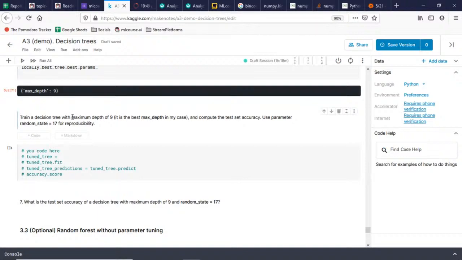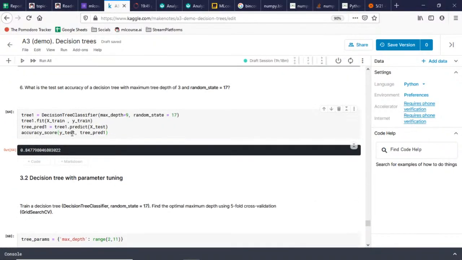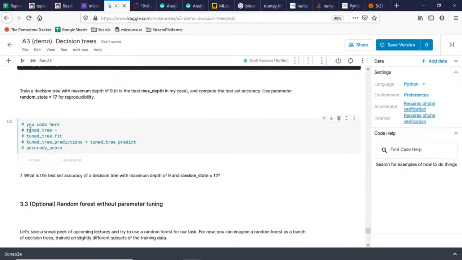But okay, so: train a decision tree with the maximum depth and compute the test accuracy using the parameter. Okay, well, didn't we already do it? I'm not sure what it is. Train and prediction.